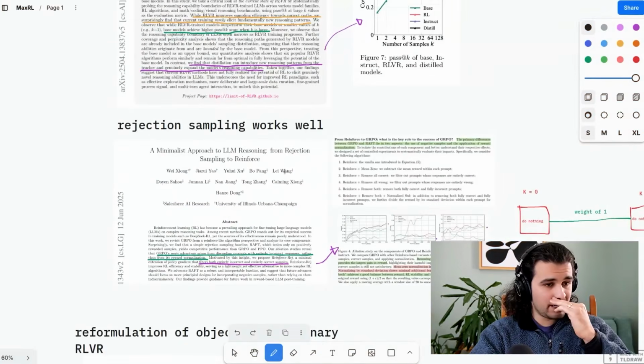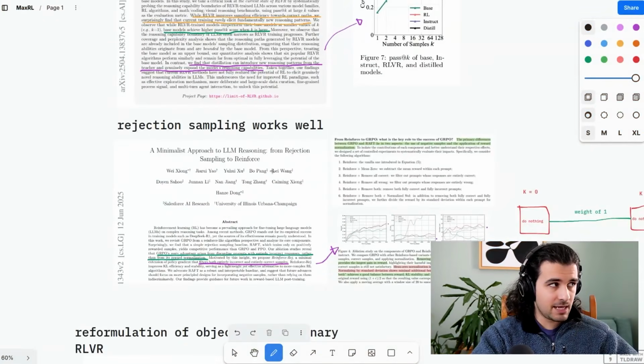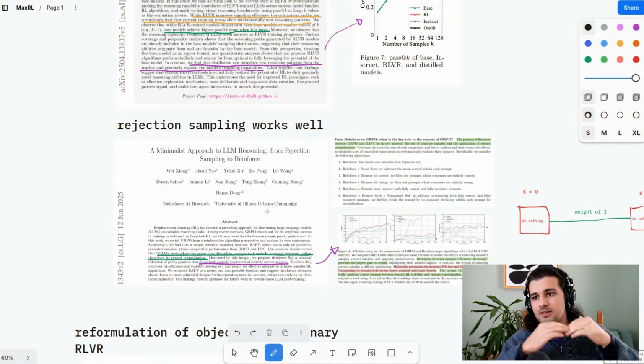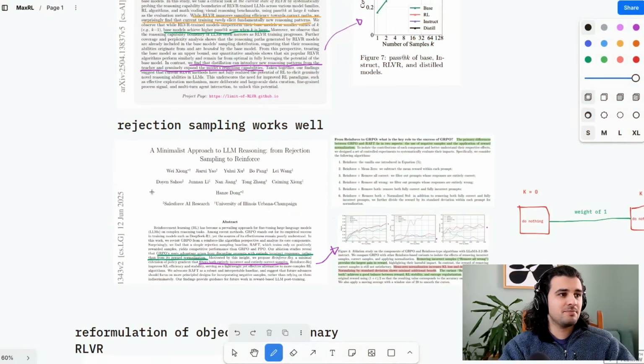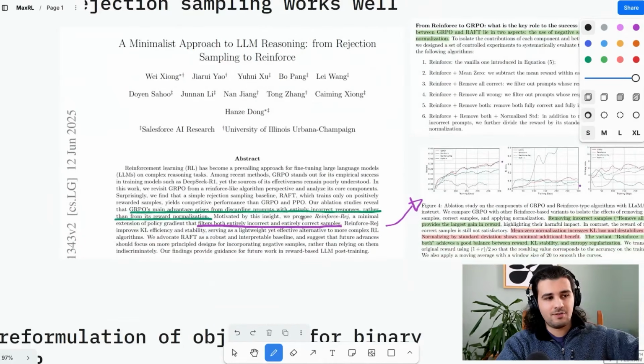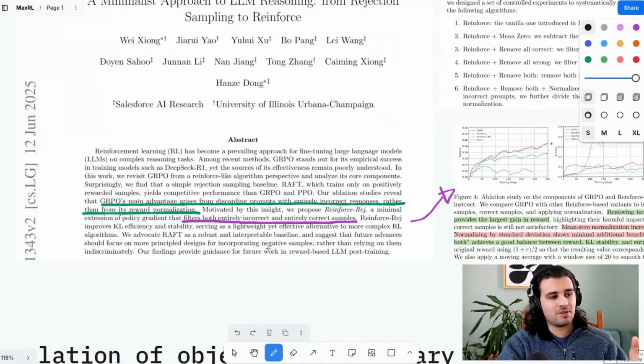The other paper, which I covered in depth last week, in my view has some of the building blocks that we're seeing here, but in a cruder fashion, right? It's the minimalist approach to LLM reasoning: from rejection sampling to reinforce. The whole vibe of this is that the detail is not important, but they had 2 algorithms.